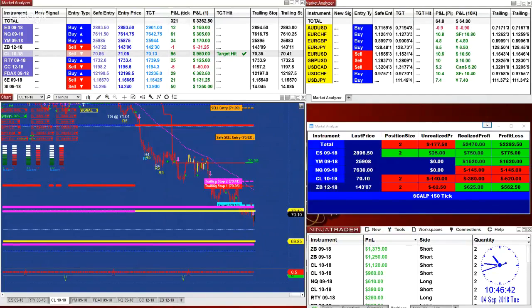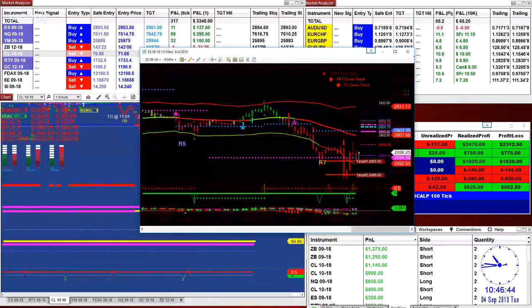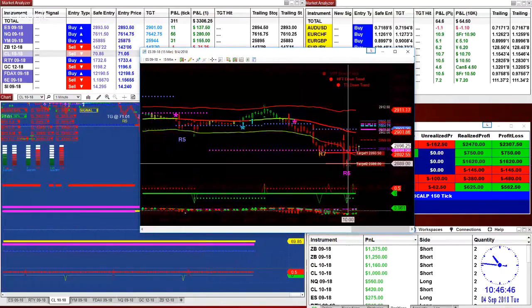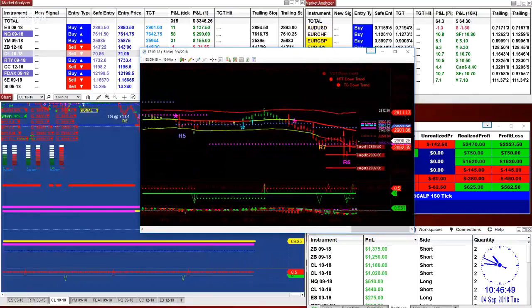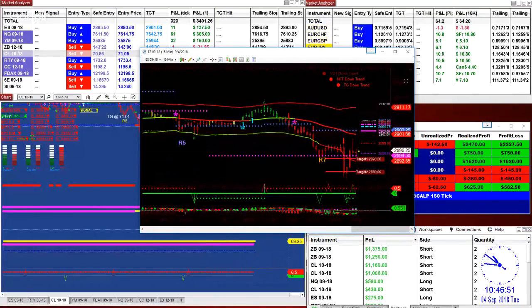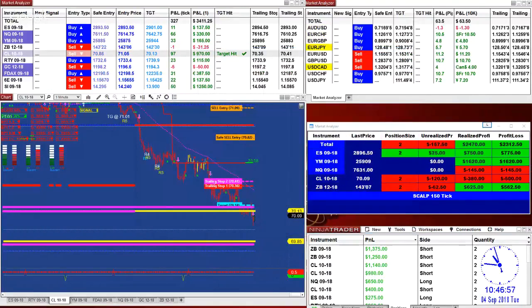For the guys looking at those institutional numbers, look at this. We already hit target 1 and target 2. And those were exactly supposed to be before 12 o'clock on the 15 minutes. Most of the institutionals use the 15 minutes.